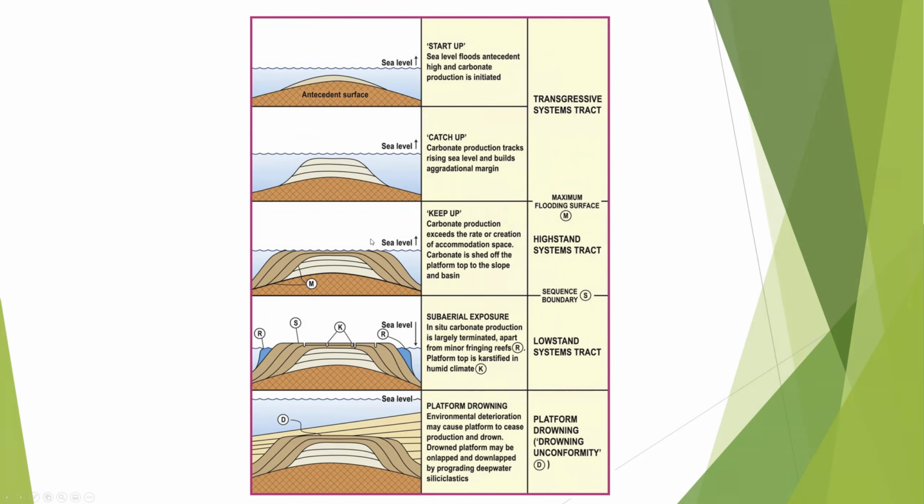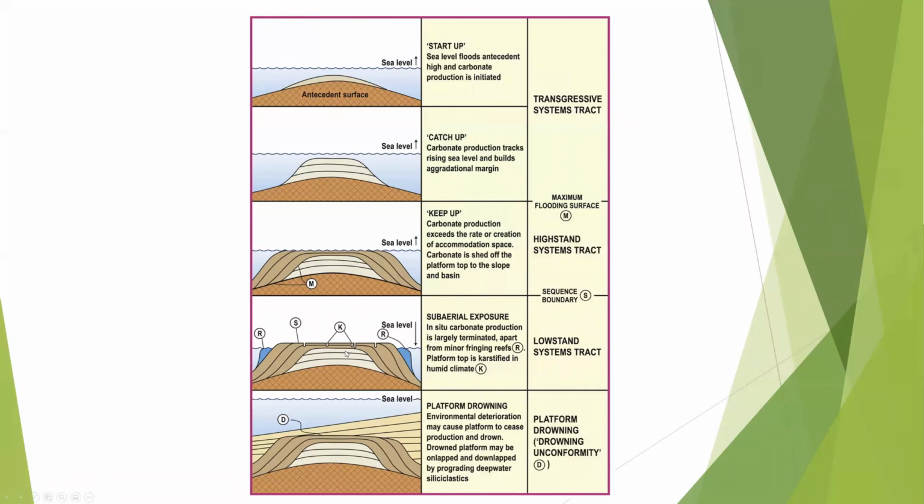But when the sea level stays at the same level, because of the carbonate production, we don't have as much accommodation as when the sea level goes up. But in this part, the sediments try to prograde toward the basin, and we have progradation at the highstand.